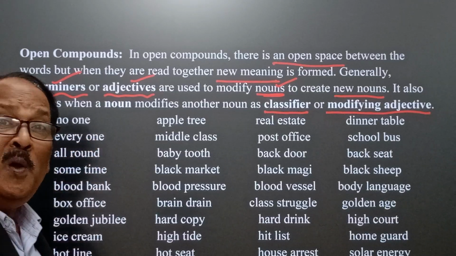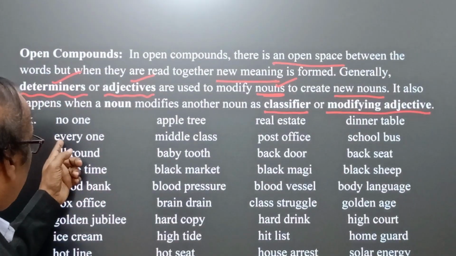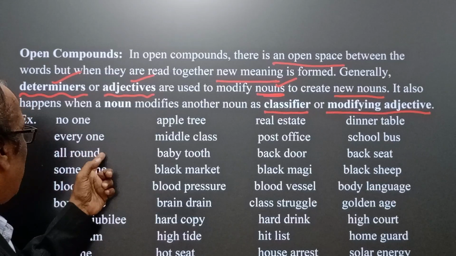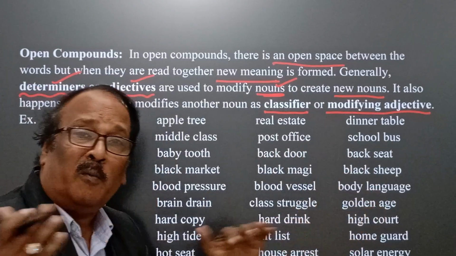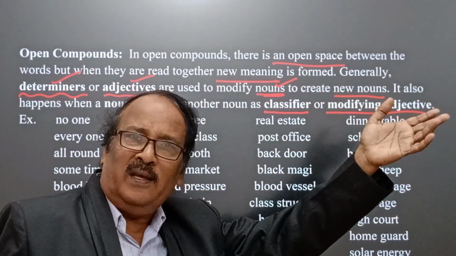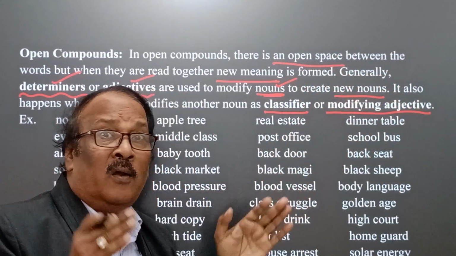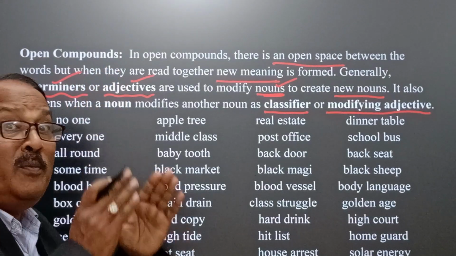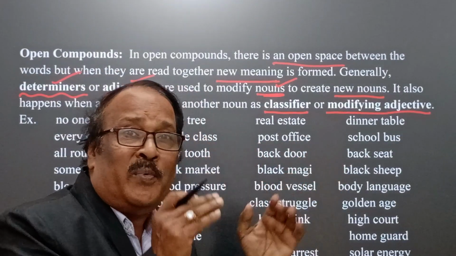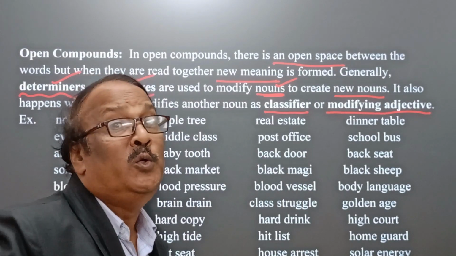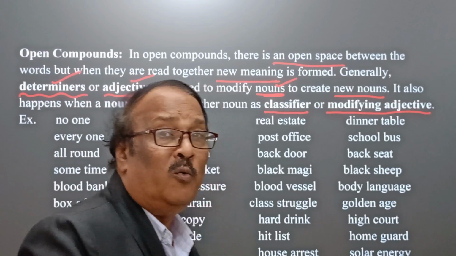Here one is the impersonal pronoun. Everyone, everybody, someone, somebody, no one, nobody, anyone, anybody, anything, something, nothing, everything. These are what we call open compounds. It means we maintain a gap between the two words used in these compound words.